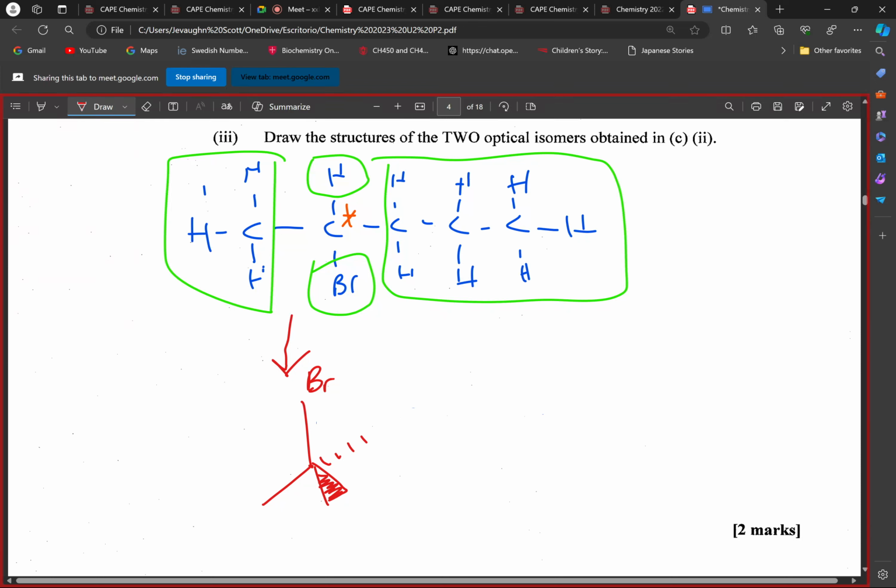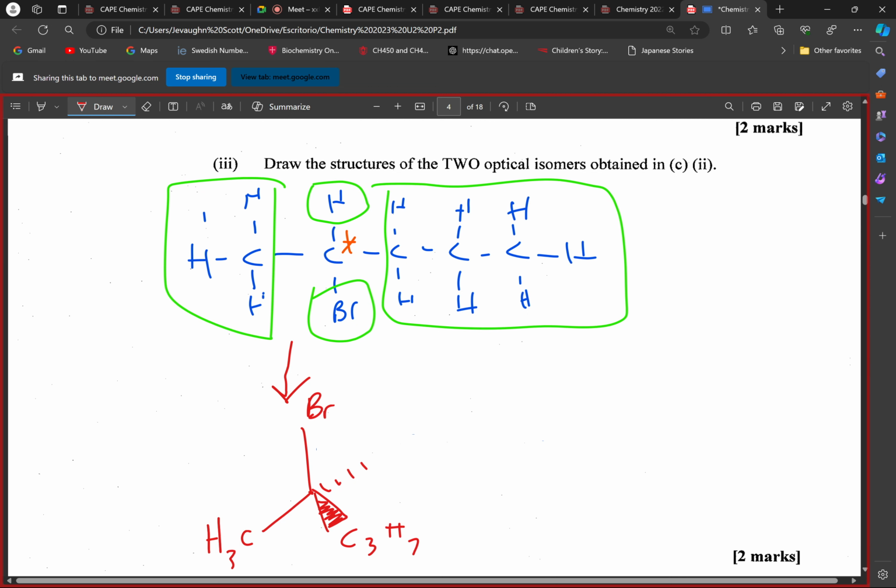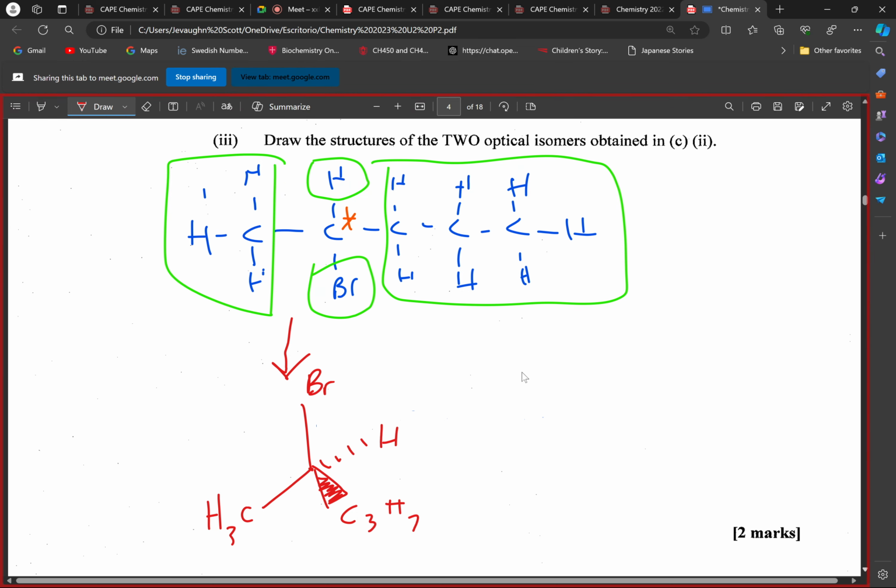Alright, so we're gonna have this now, the C3H7. And here we're gonna have the methyl group, CH3, and hydrogen. So in this case, we can have two isomers from this, where we'll have that, or we can have this.